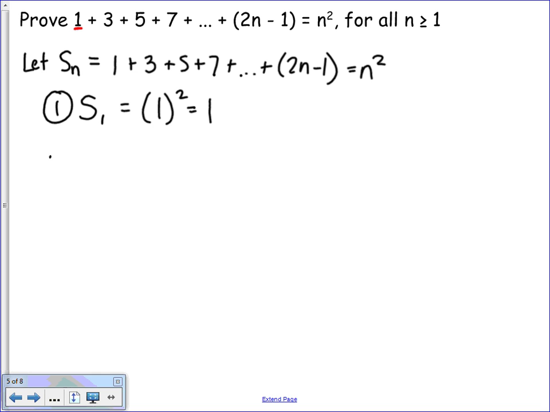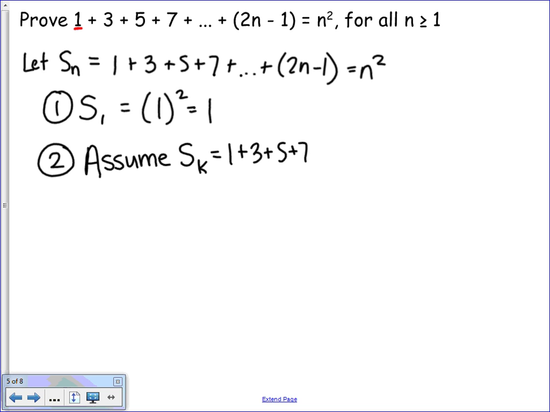Now, the second part of mathematical induction is we want to prove that s sub k implies the truth of s sub k plus 1. So we're going to make an assumption. Assume s sub k equals 1 plus 3 plus 5 plus 7, all of the odd numbers for whatever value of k I might be.